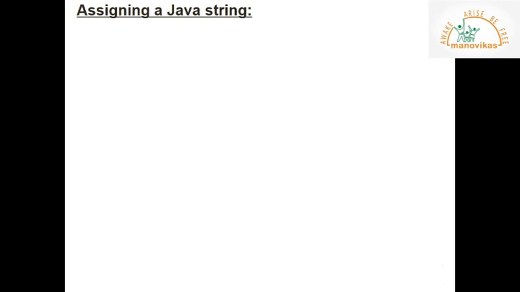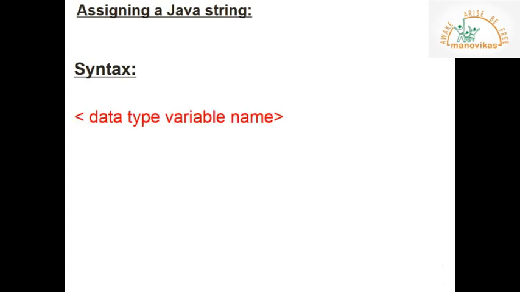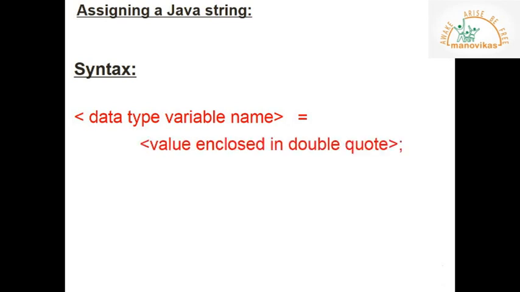A value for a string variable can be assigned or it can be inputted. For assigning a value to a string variable, first you need to write the data type followed by the variable name, equal to sign, that is the assignment operator, followed by the string value which needs to be enclosed in double quotes.